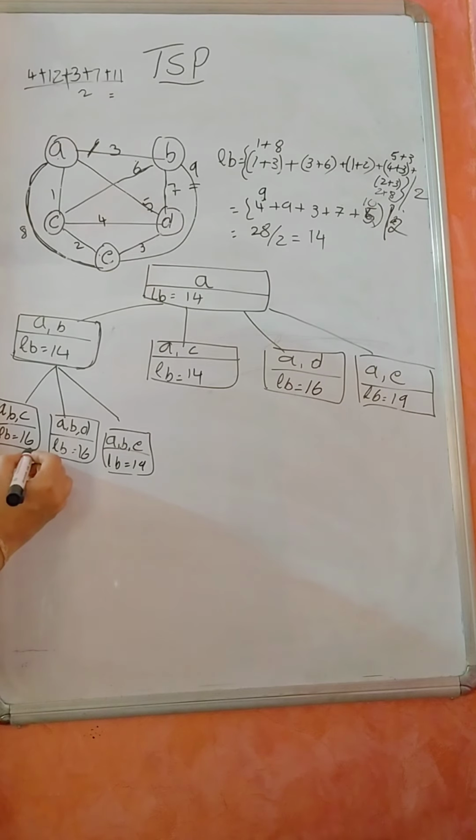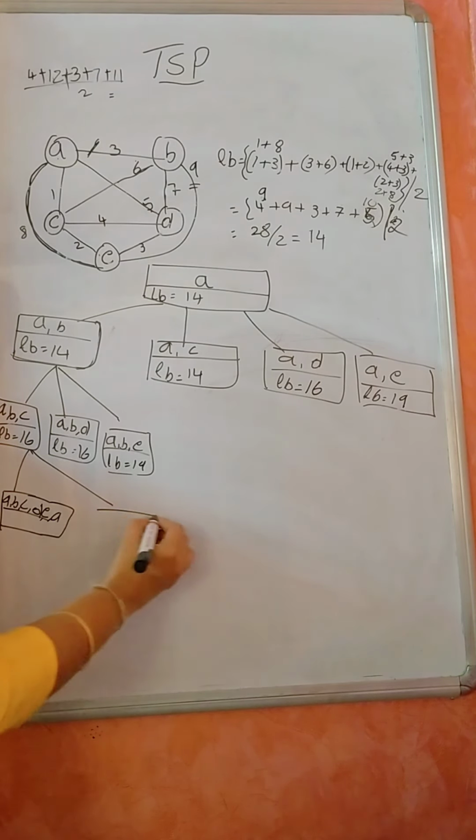So what are the options left from here? Already we have travelled from A to B, B to C. From C I can move to D, from D to E, E to A. So this is one option you are having.